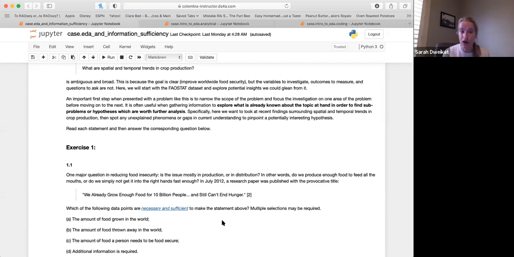If we had all of this data, we could say for sure whether or not we grow enough food for 10 billion people. If you're still a little confused about necessary and sufficient, we'll continue talking about it in the case, but you can also click on this later and get a refresher or an introduction to what necessary and sufficient means.